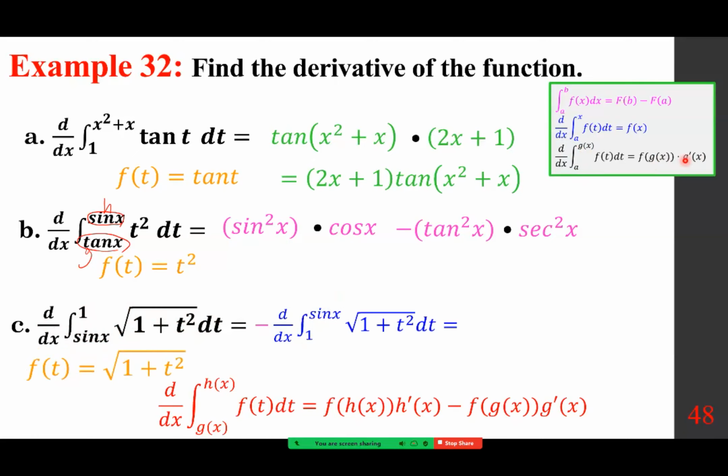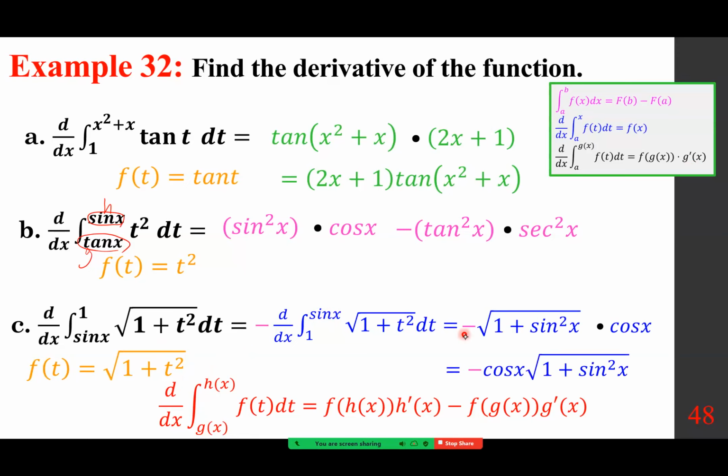We can use this formula. So we're going to keep this negative sign. 1 plus f of t is 1 plus t squared. So replace the t with sine x squared. And according to this formula, I need g prime of x. I need the derivative of sine, which is cosine x. And now it's good practice to put the cosine in front. And that's the final answer.